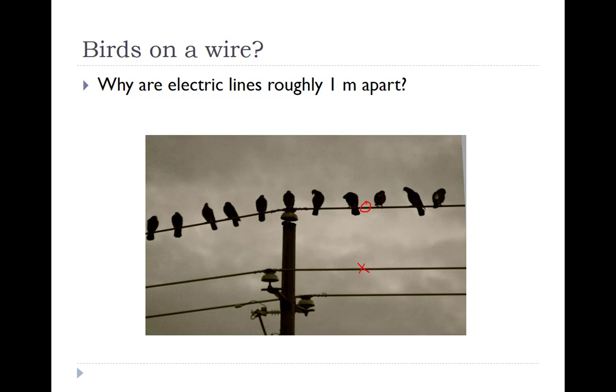So the lines are roughly 1 meter apart in order to provide space so that we can get up there and maintain these without having to worry about accidental electrocutions.